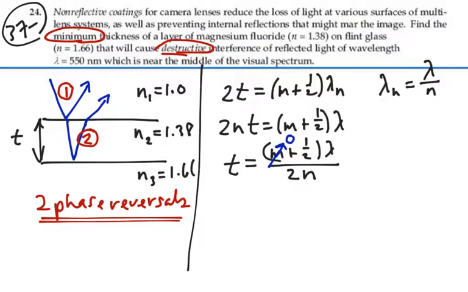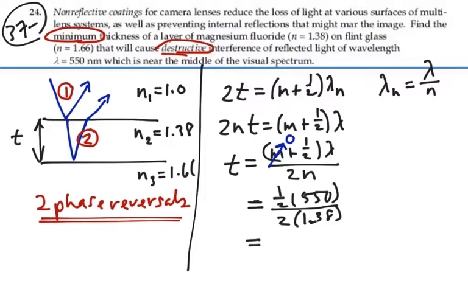And this will give us 1/2 times 550 nanometers over 2 times the index of refraction of the magnesium fluoride, 1.38.